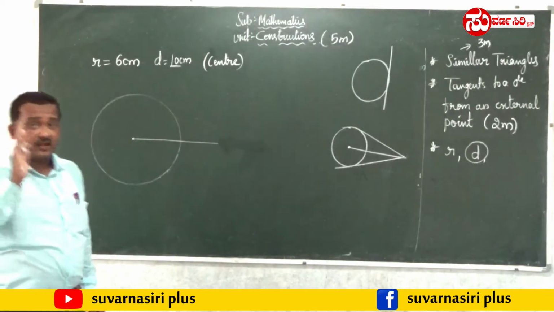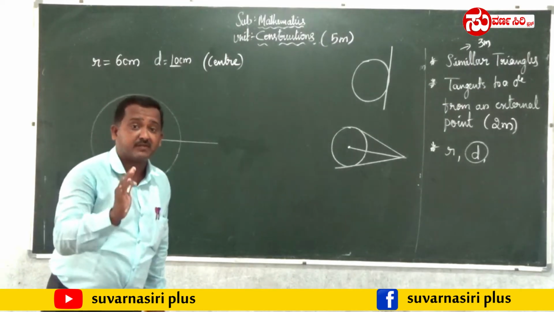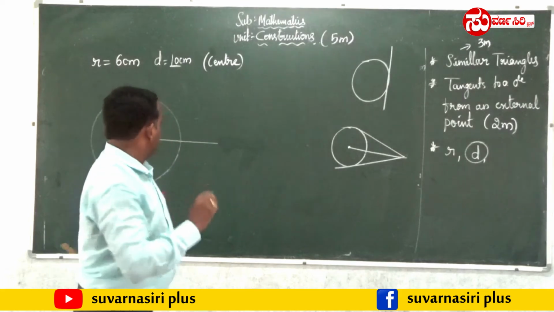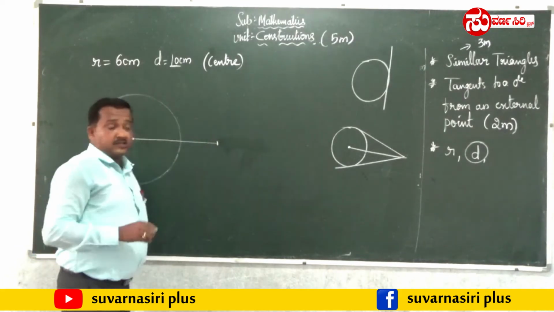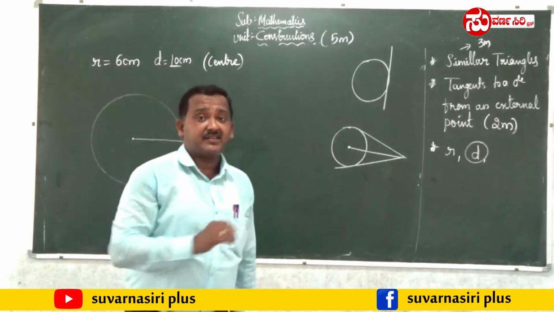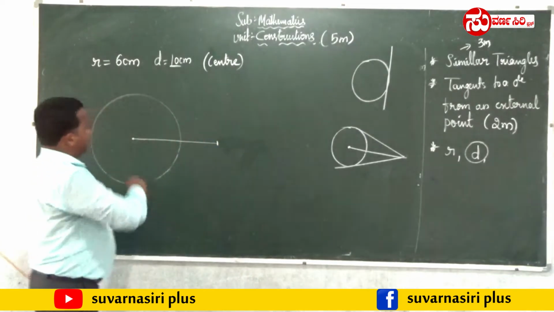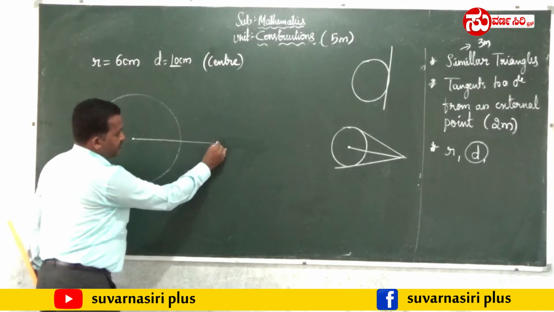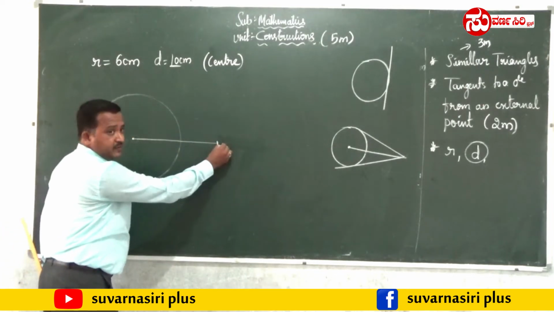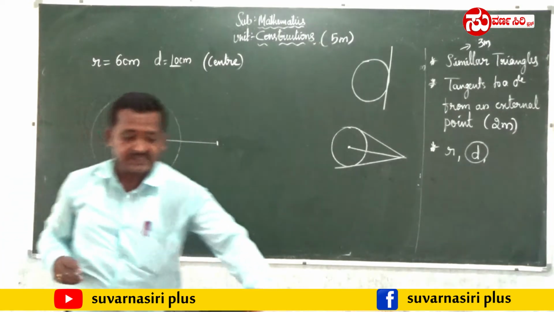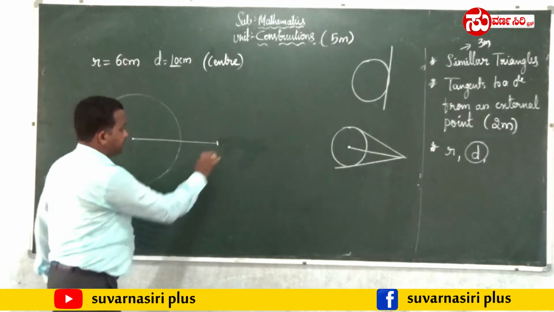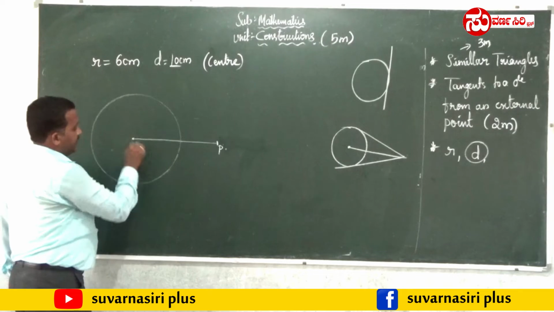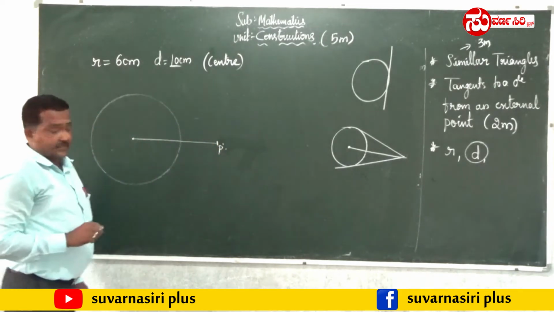So my dear children, remember, here I am not taking the measurements accurately, I am taking them approximately, because I am just explaining the method of how you have to construct. So here is the circle of 6 centimeter radius, and here is the point that is 10 centimeter away from the center. Let us take that point as P. From here to here it is 6 centimeter, and from here to here it is 10 centimeter.